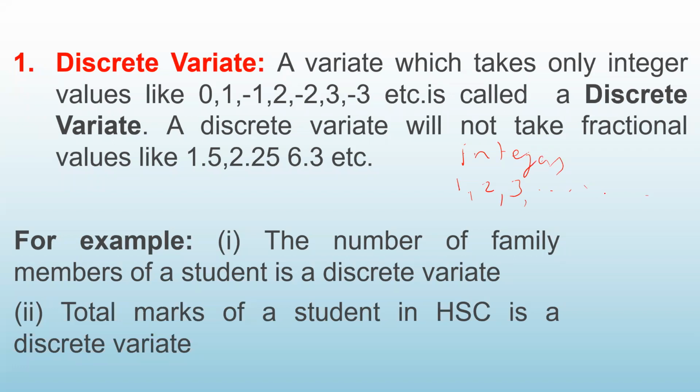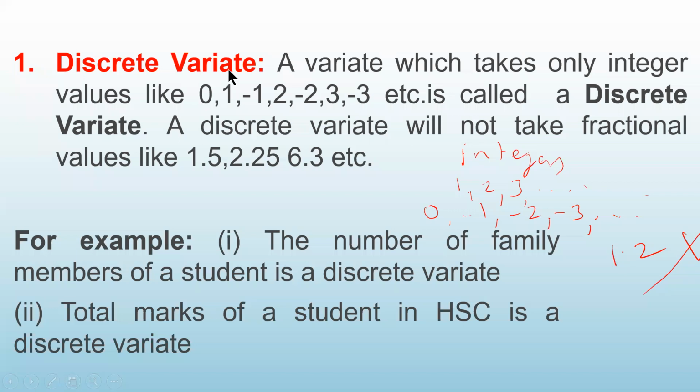You don't know what is the biggest integer. So 1, 2, 3, 4, 5, 6, etc. 0 is also an integer. Then negative numbers, -1, -2, -3, they are also integers. But if I ask you what is 1.2, this is not an integer. जहाँ पर fraction आ गया, decimal आ गया, that is not an integer.